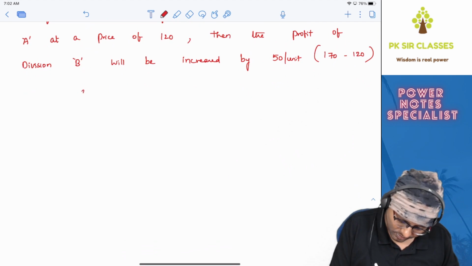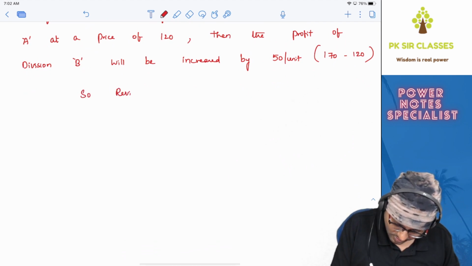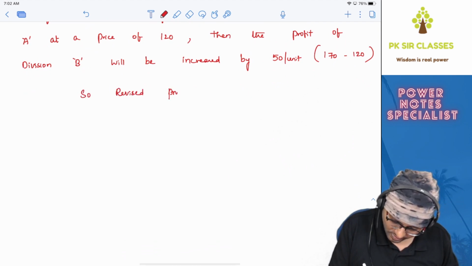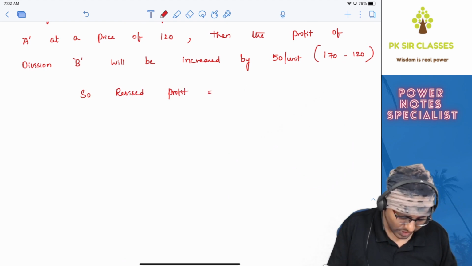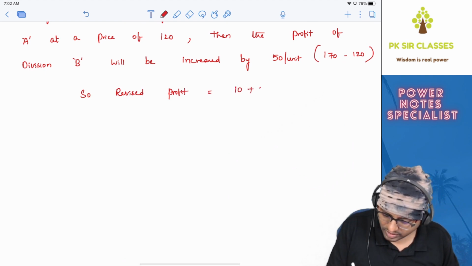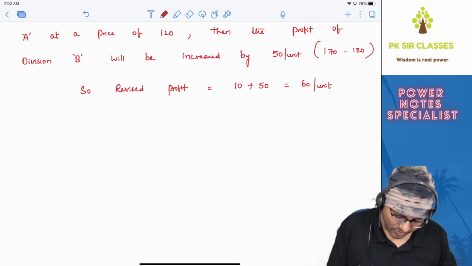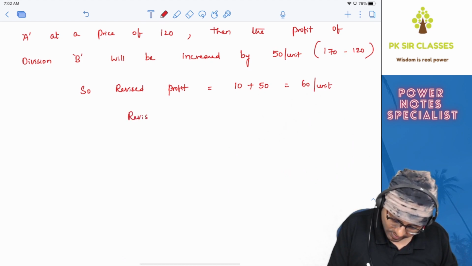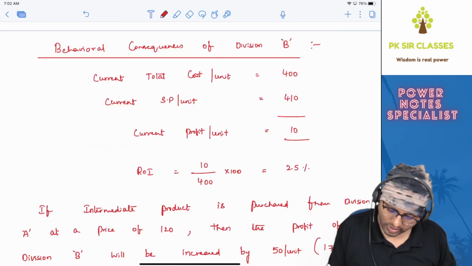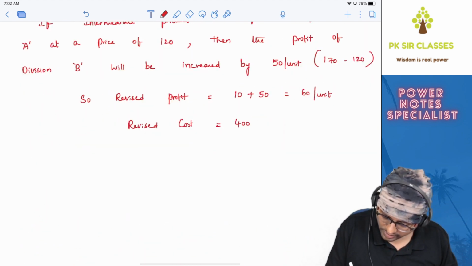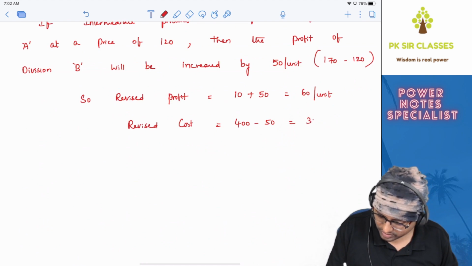So, revised profit is equal to, earlier profit was 10. Now it's going to get increased by 50. So, which means it will be 60 per unit. Right now, the revised profit. So, revised cost. Earlier, the cost was 400, I think so. It would have got reduced by 50. So, now the revised cost is 350 per unit.